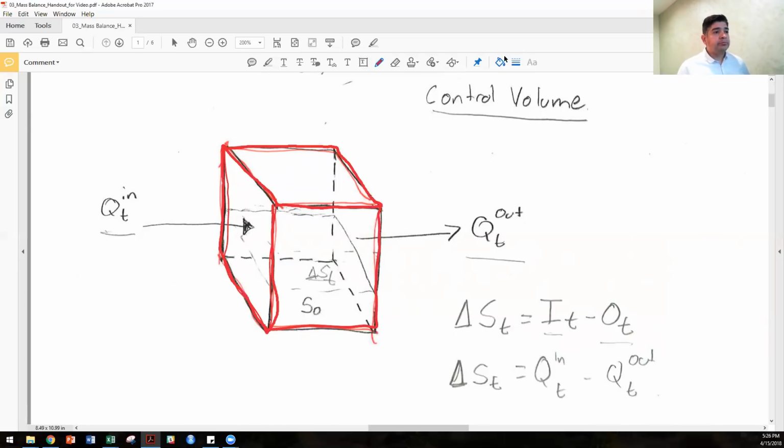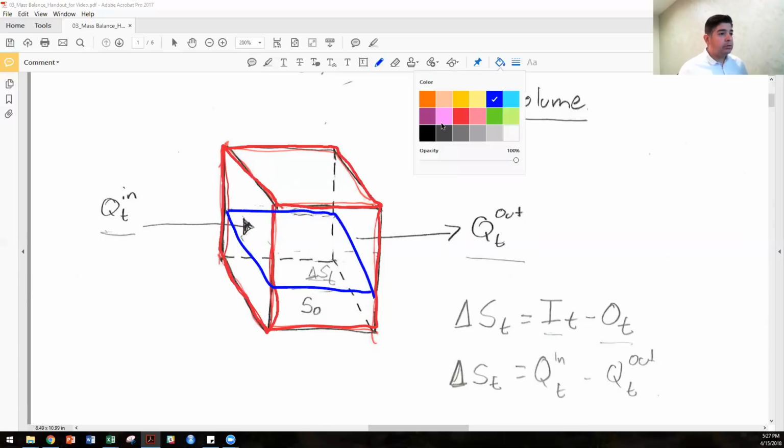We're monitoring this cube, and inside this control volume there is a certain amount of water already there when we start our experiment.